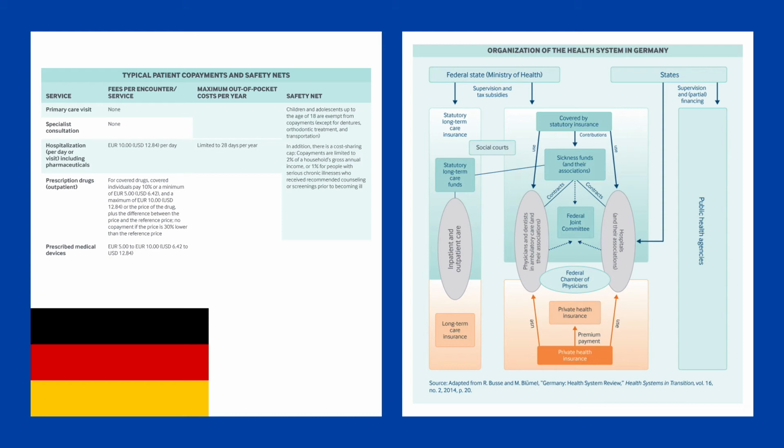There are 13 voting members: 5 are from SHI funds, 5 are from providers of healthcare, and there are 3 other voters. The statutory health insurance covers inpatient, outpatient, mental health, and prescription drugs. However, so-called lifestyle drugs are excluded, and there are some costs I'll come on to.